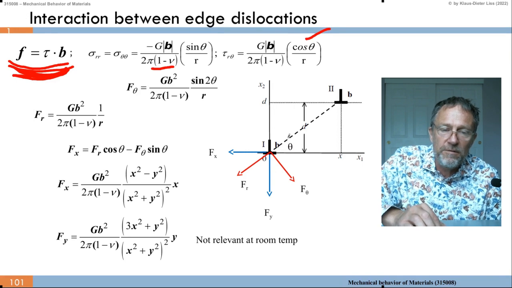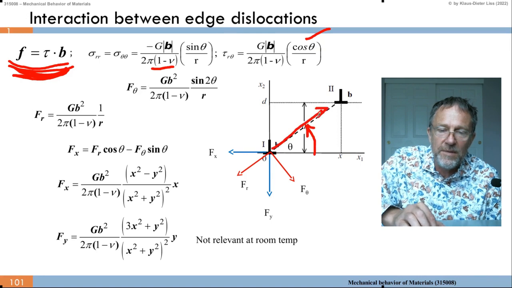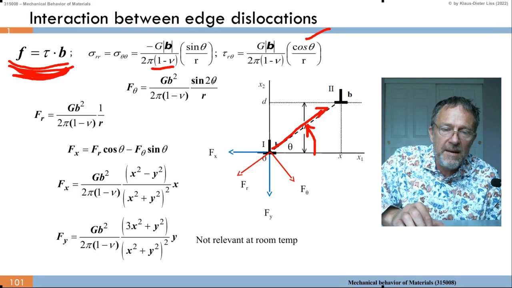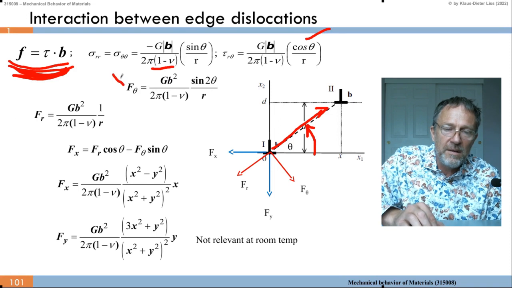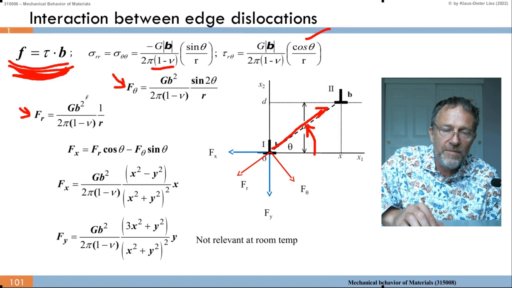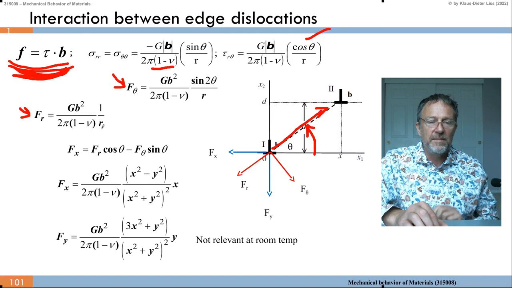Now if we look at the force as a function of theta, and of course R. So we have the polar coordinates, then it becomes sine 2 theta over R for the theta component, and for the R component, we just get the 1 over R behavior. So Gb squared over 2 pi 1 minus nu, same as before, this prefactor, times 1 over R.